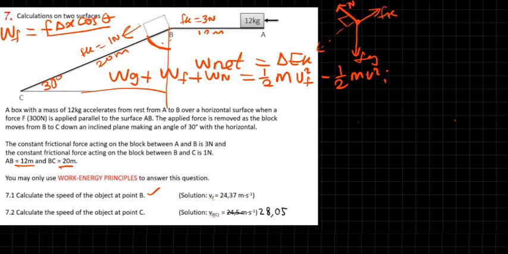So the angle between the gravity and the direction of motion is this angle here. To find that angle, we are going to subtract 30 from 90, because this is the sum of angles in a triangle. So 30 from 90 gave us 60. So therefore our angle is going to be 60 degrees.